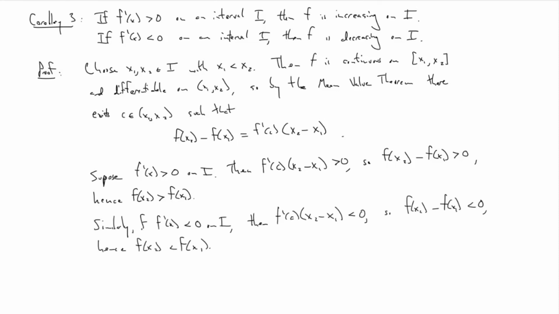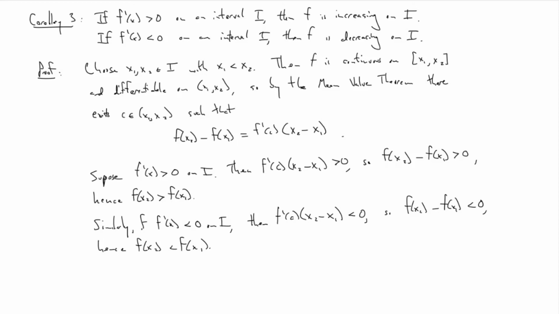And then to complete the proof, suppose instead that the derivative is negative on the interval. Well, then f prime of c is negative. x2 minus x1 is still positive because x2 is the bigger number. And so a negative times a positive is a negative. And so we get that the right-hand side of the equation is negative.